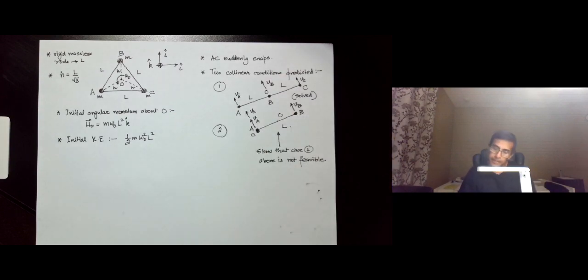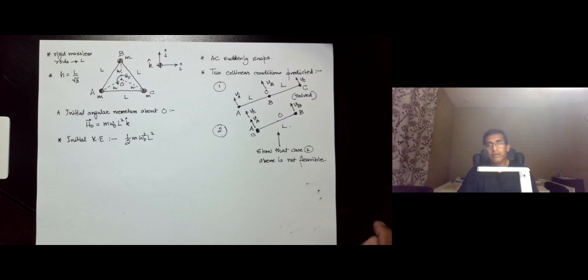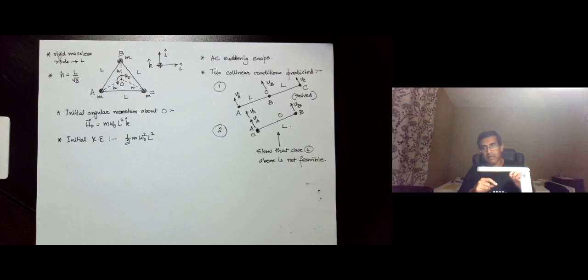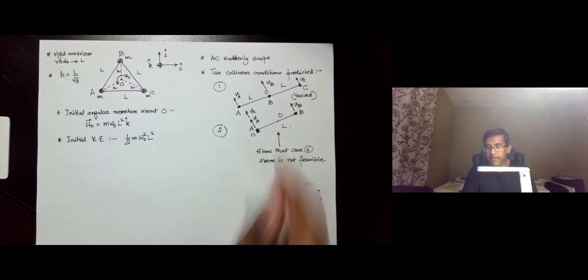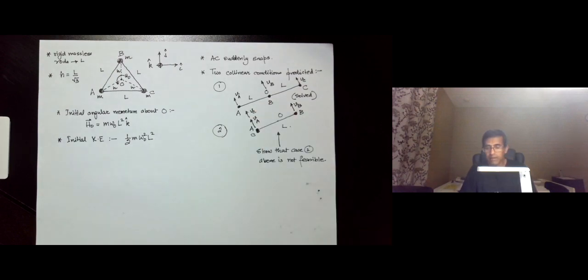Now in this part of the problem, we are going to focus our attention on another potential collinearity condition, and that is when B is on one side and A and C collide or intersect. At that instant, VA and VC do not have to be the same, right?